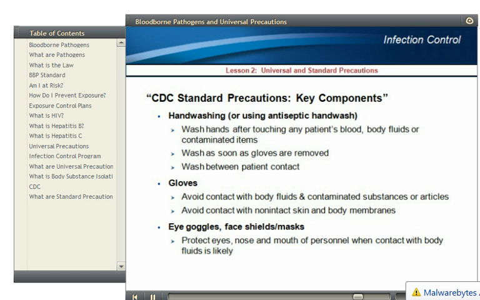Gloves: avoid contact with body fluids and contaminated substances or articles. Avoid contact with non-intact skin and body membranes. Eye goggles, face shields, or masks: protect eyes, nose, and mouth of personnel when contact with body fluids is likely.